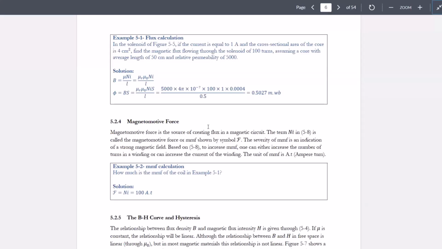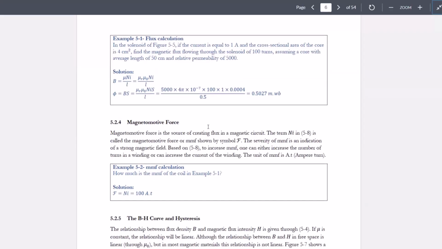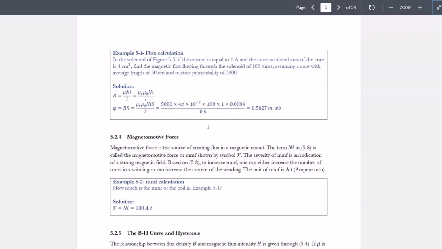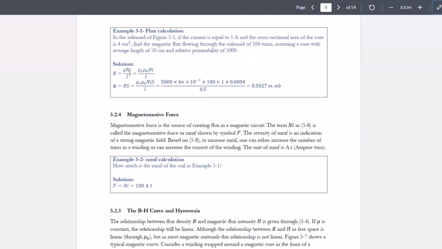And phi would be B times S, where S is the area associated with the cross-section of that solenoid, right? That cross-section has been given to you as 4 centimeters squared. So you have all of that knowledge. You can just multiply them together and find the flux as 0.5027 milliwebers, right?